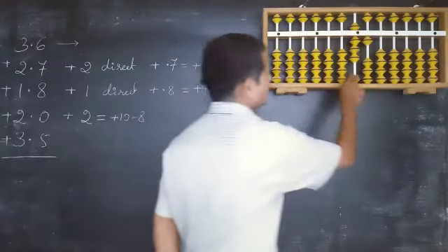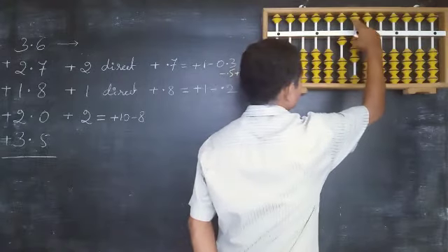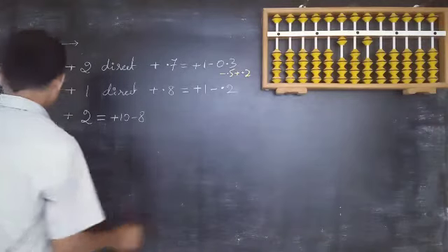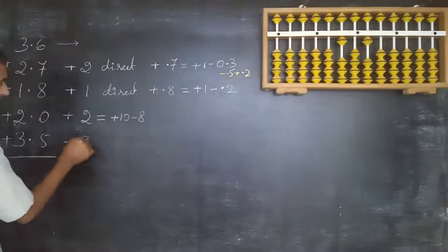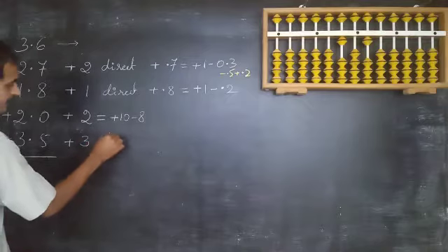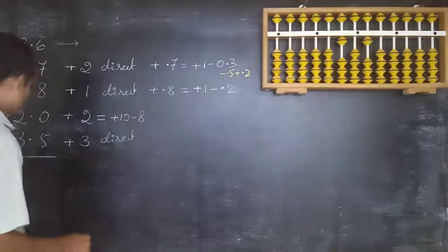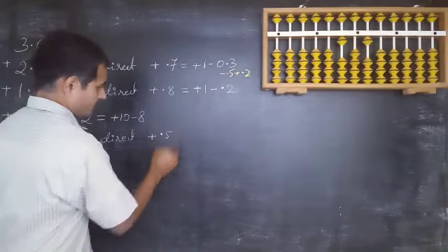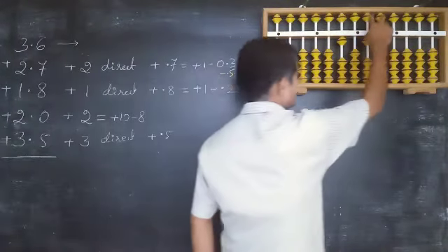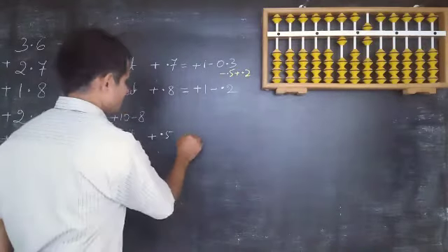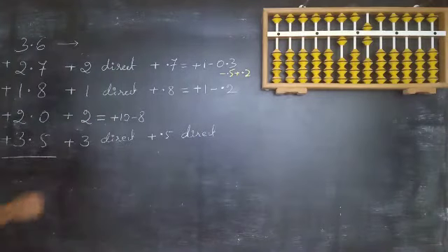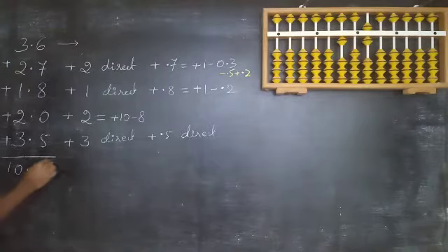Plus 3.5, plus 3 direct, plus 0.5 direct. So answer is 10.6. I repeat.